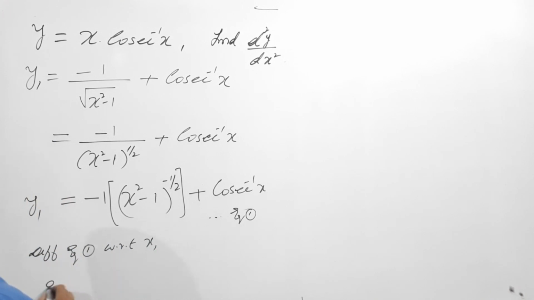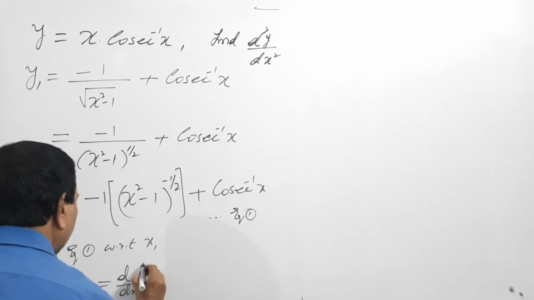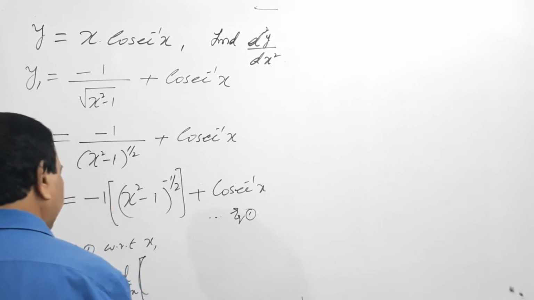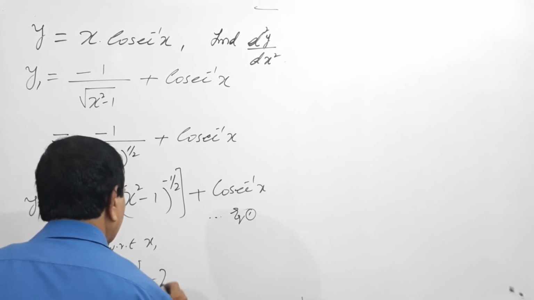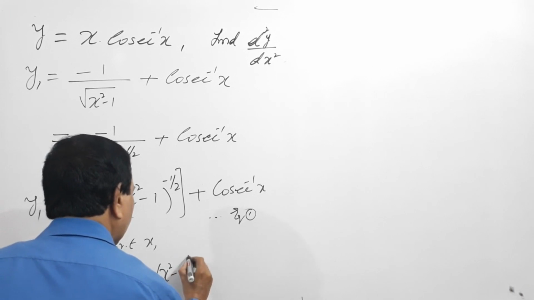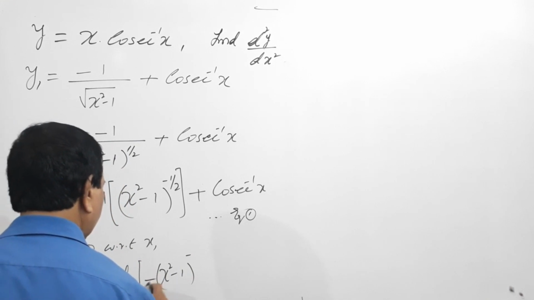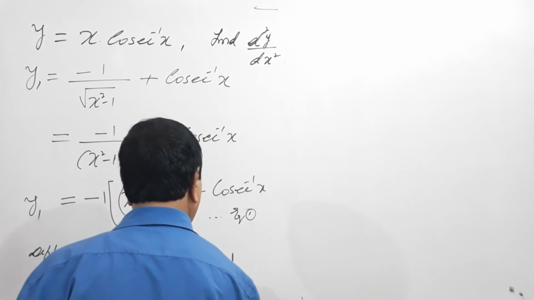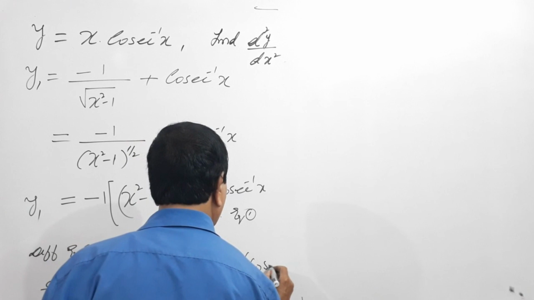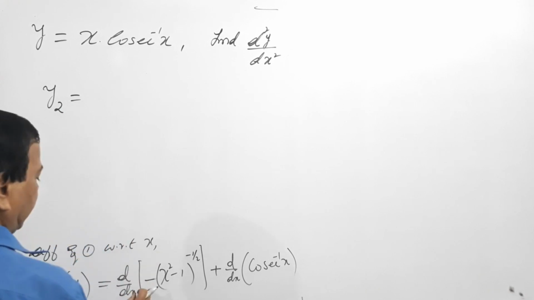What happens? d by dx of y1 equals to d by dx of minus x square minus 1 to the power of minus half plus d by dx of cosecant inverse x. I will take this minus sign outside.